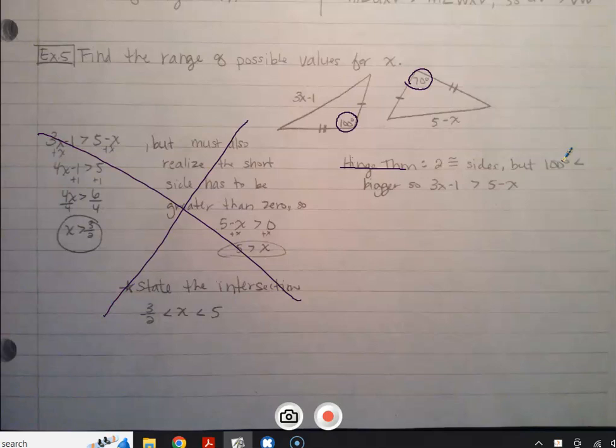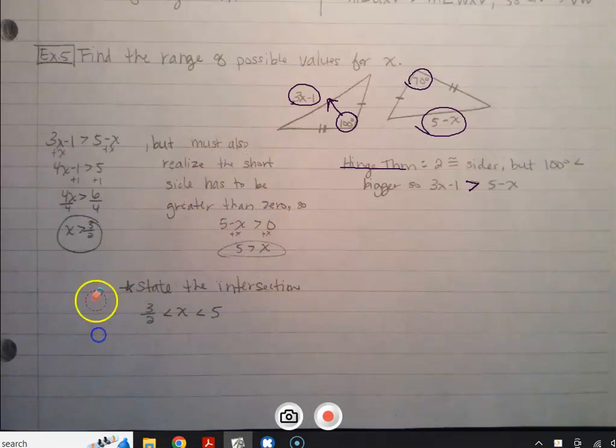Because this angle is bigger, we know this side has to be greater than this side. Does that make sense so far? Okay, so that's where our inequality came from. So that's what brought us to here: 3x minus 1 is greater than 5 minus x.